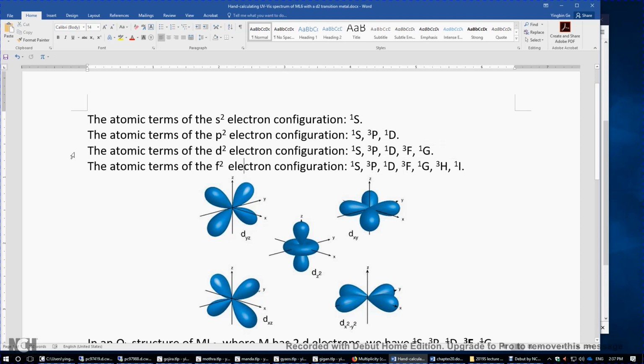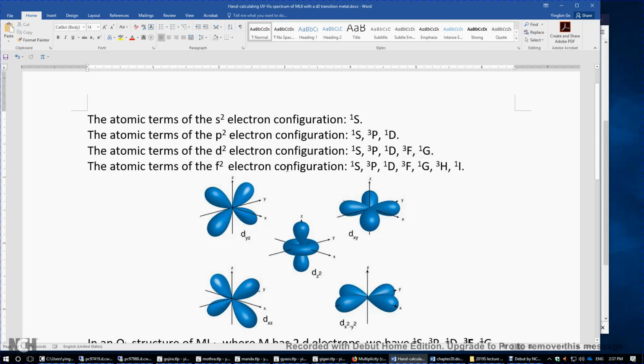So basically this is a very simple way to determine the atomic term symbols for s2, p2, d2, f2, and if you want, g2 electron configurations. For g2, you simply again put 3K and 1L after this 1I.